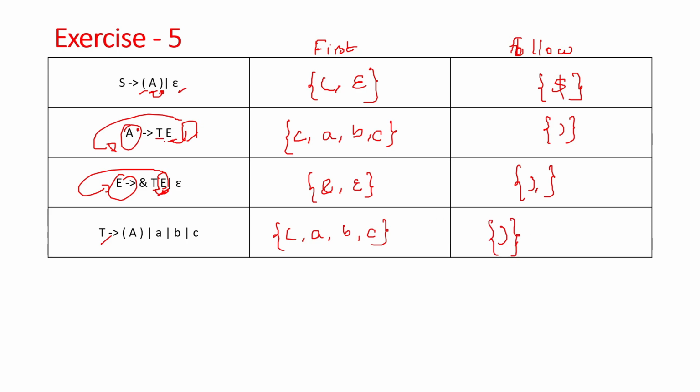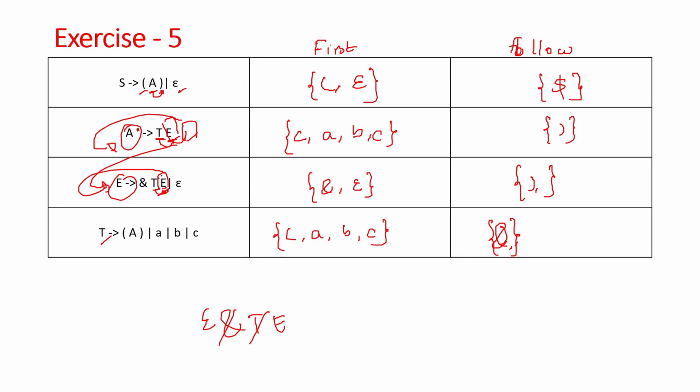Okay, a small mistake here: in case of finding T, I found E is a non-terminal. So what do I have to do? I have to come up here and find the first of E. Since I'm going to find the first of E, I have found here dollar and epsilon. So I have to change T to dollar, then epsilon, then it is E again.